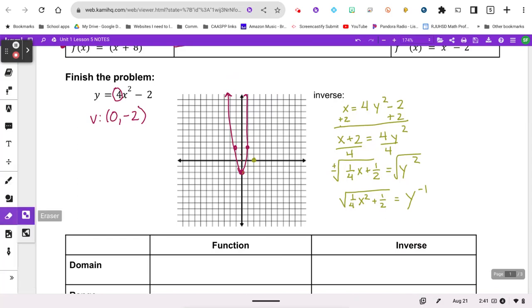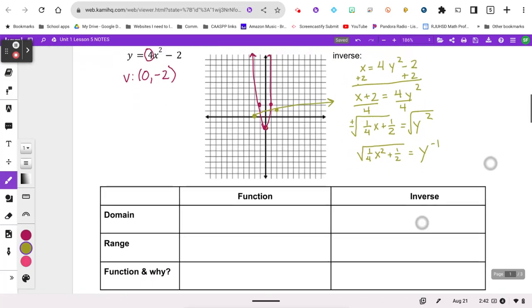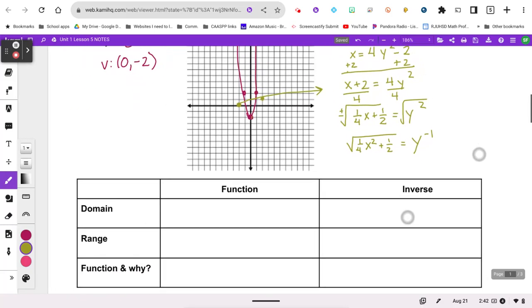I graphed mine wrong. Let me fix that one. I put it in the wrong side. So we need to move this to negative 2, 0. And then this point here is 1, 2, so it's going to be 2, 1. And we can figure it out. It's going to be just like that. Sorry about that. Sometimes teachers write it so fast that we get it a little mixed up.